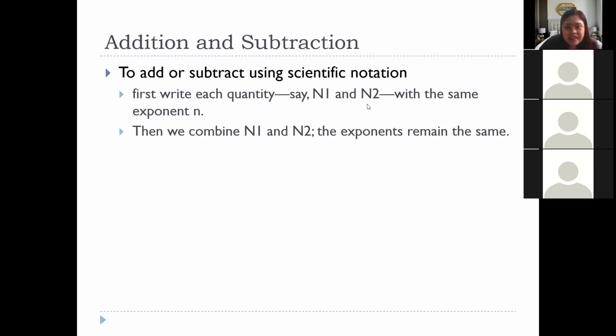Then, the next step is we combine N1 and N2 and the exponents remain the same. So I'll give you an example. So again, katong mga walay cycle, please listen. Pero even if naa moy cycle, please also listen class because there will be times na wala mo'y cycle, di mo makagamit sa inyong cycle.